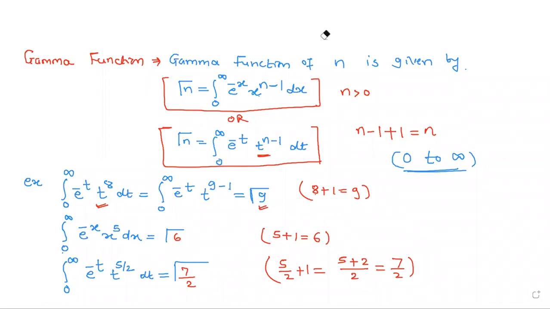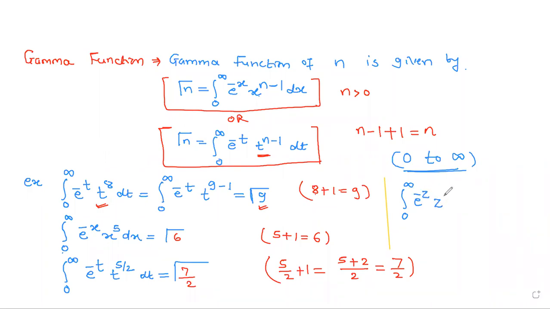Okay. Now suppose it is not necessary that e raised to t or e raised to minus x will always remain. Suppose I am writing this: 0 to infinity, e raised to minus z, and on z there is a power.